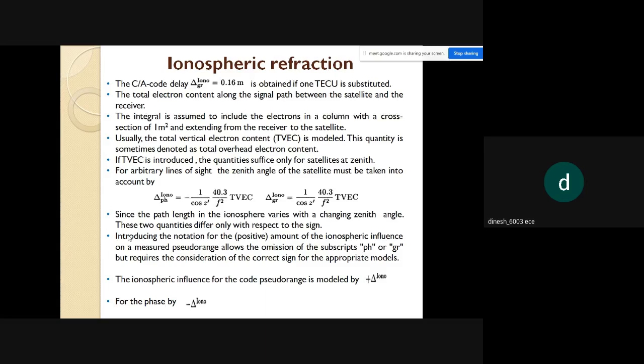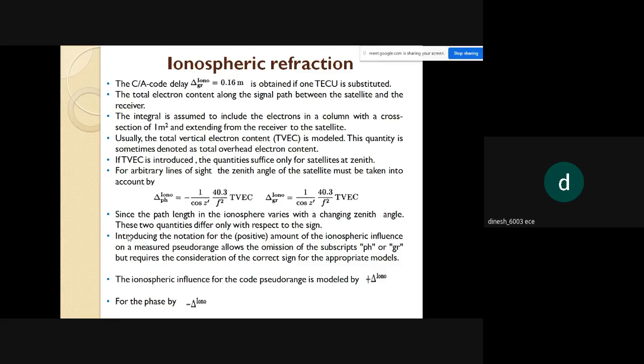So the total electron content along the signal path between satellite and receiver is this. The integral is assumed to include electrons in a column with a cross section of 1 square meter extending from the receiver to the satellite.